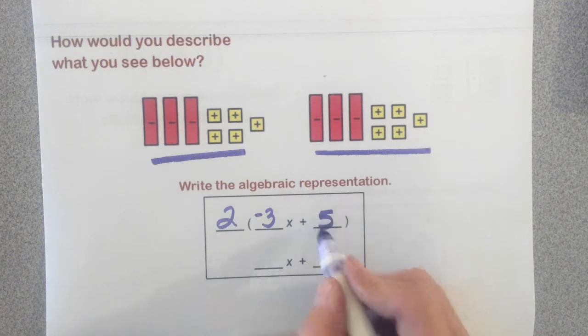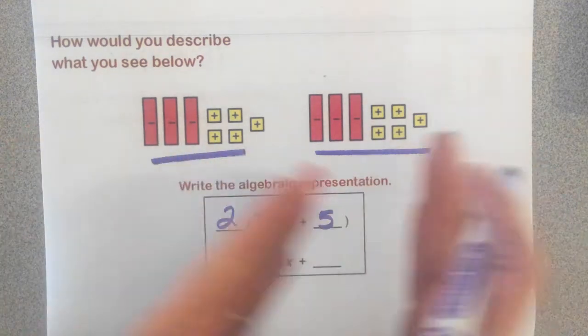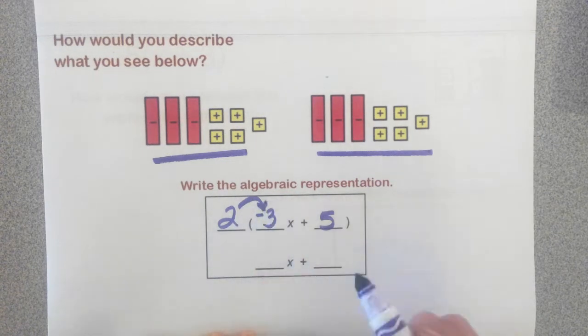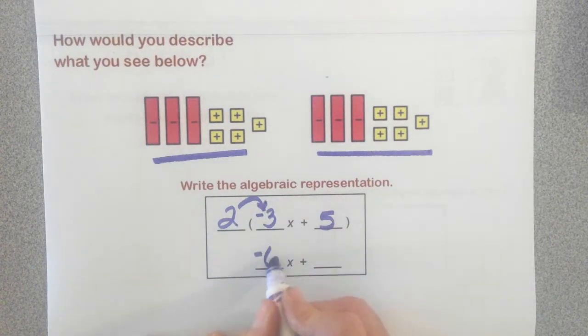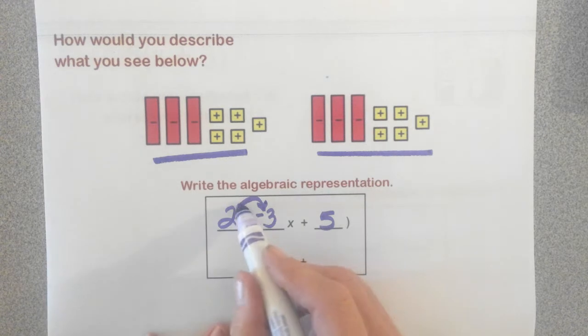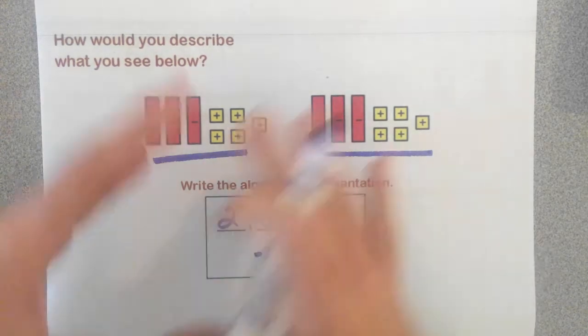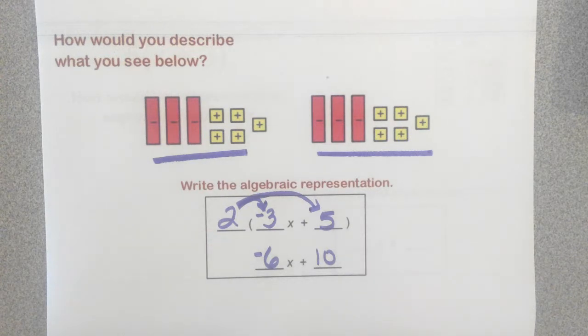There are 5 positive tiles. So both groups together, 2 times negative 3x's gives me negative 6x, and 2 times 5 gives me 10. So all together we have negative 6x plus 10.